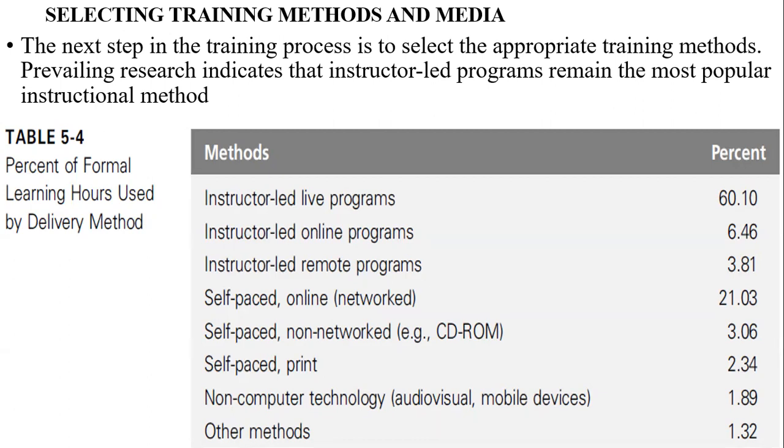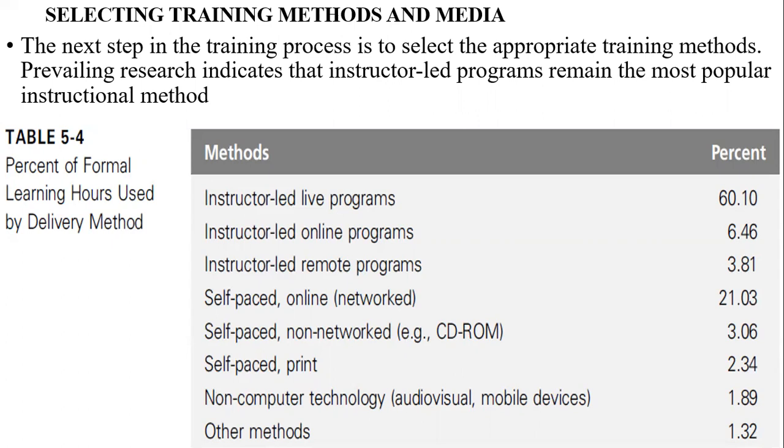Then you can also have instructor-led online programs. This is the situation where, due to supervening events beyond the control of the trainer and the trainees, they decide to embark on the training exercise online, like we are currently doing today. Research indicates that it constitutes 6.46%.